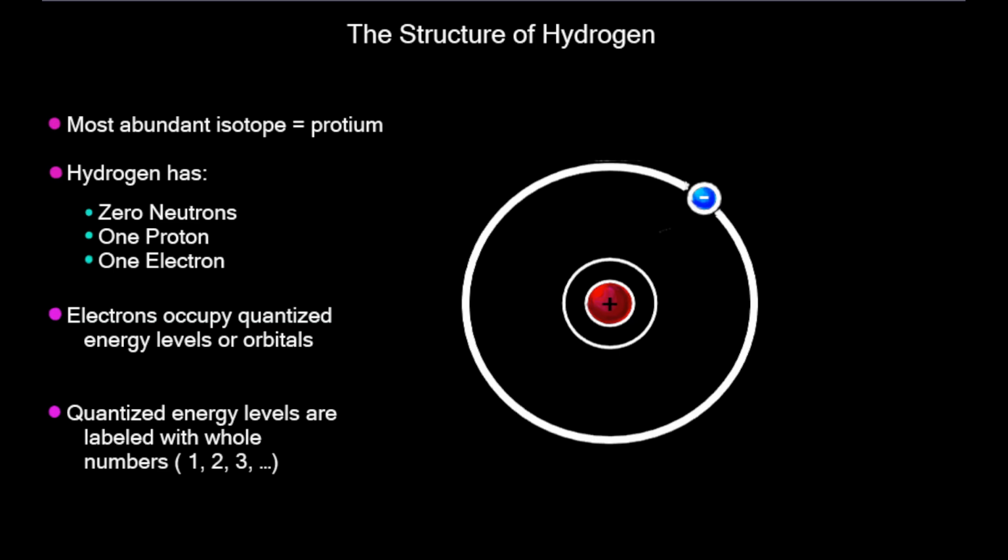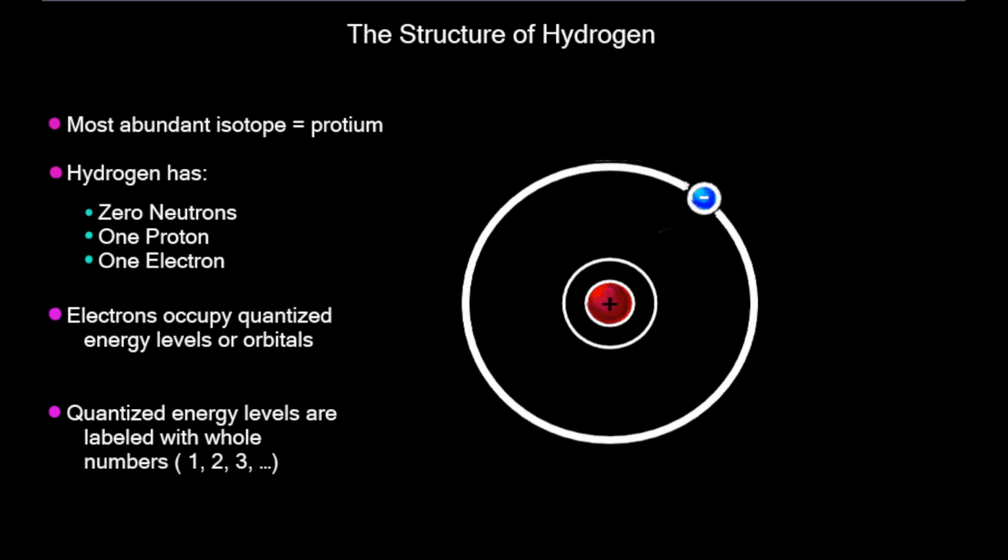These energy levels are quantized, which means electrons can only be in certain allowed energy levels or orbitals. They cannot exist in between energy levels. Each energy level is labeled with whole numbers like 1, 2, 3, and so on. There are no fractional levels like 1.5 or 2.5. Electrons must be in one energy level or another.